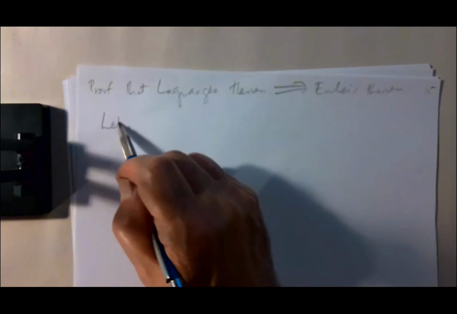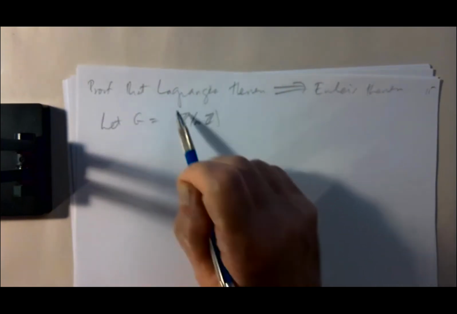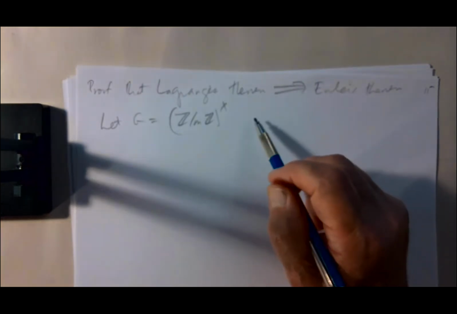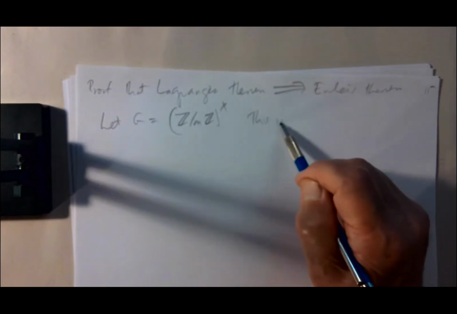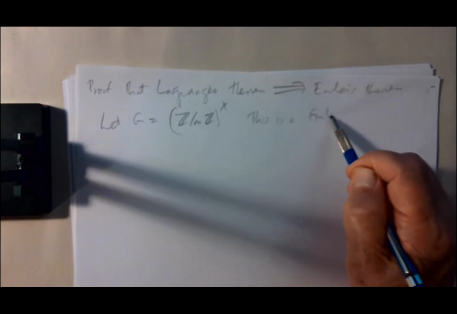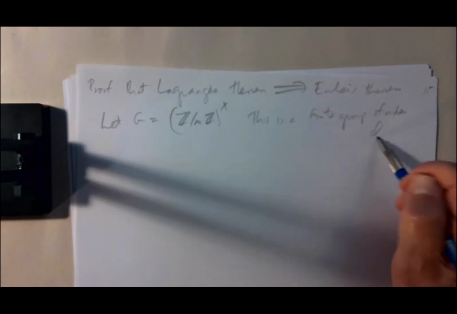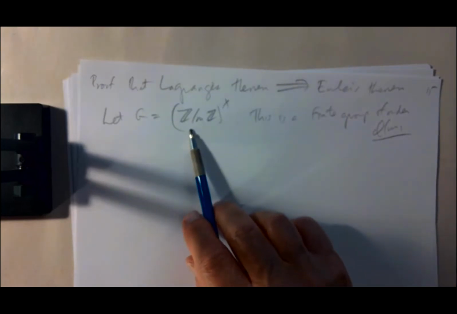So let G be the multiplicative group of congruence classes mod m that are relatively prime to m. So this is a finite group of order phi of m. There are phi of m congruence classes relatively prime to m.